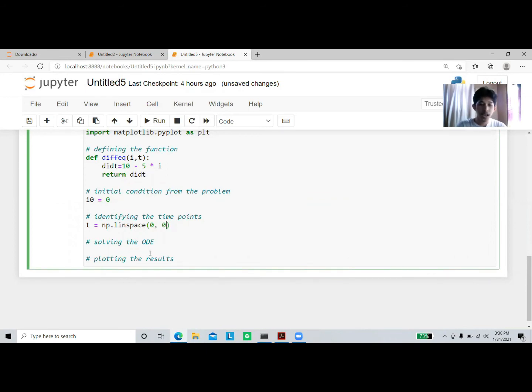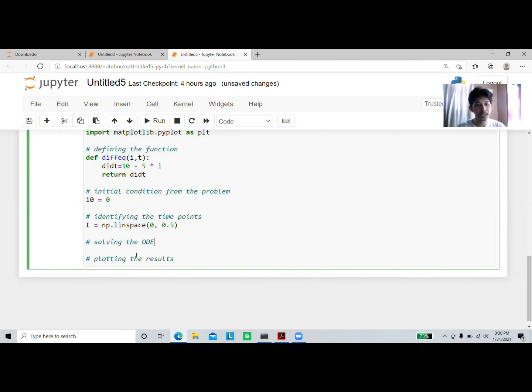Or we can make bigger values here, 1, 2, 3, and so on. We can add an interval as well, but I just want to use these values only.